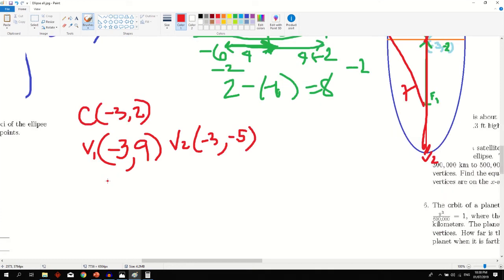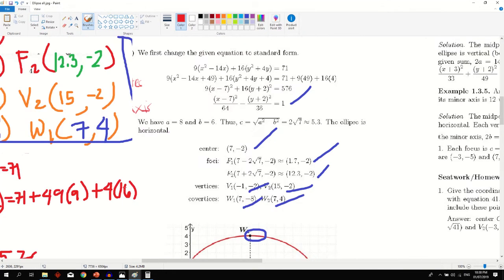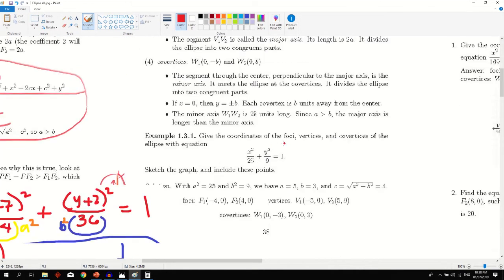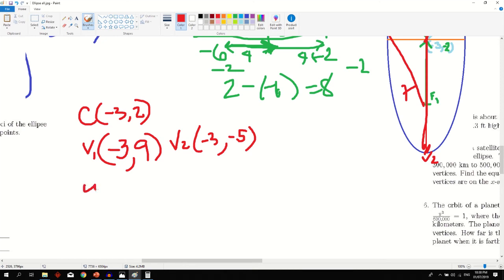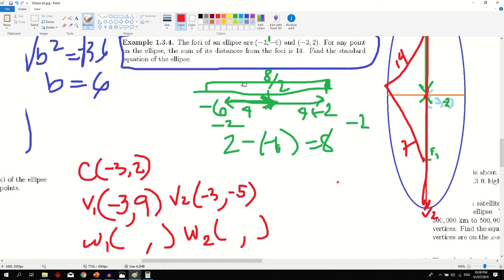So we already got this. What's the other thing we need here? The co-vertices. Okay, so we need this one and the W2, the co-vertices. So we already have the A. You know what's A? It is 7.